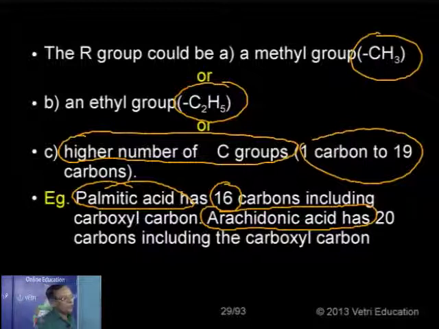It has 20 carbon atoms, including the carboxyl carbon. So in the R group we have 19 carbons plus 1 carbon from the carboxyl group. Even in the case of oleic acid, the oleic acid also has 20 carbon atoms, including the carboxyl one.